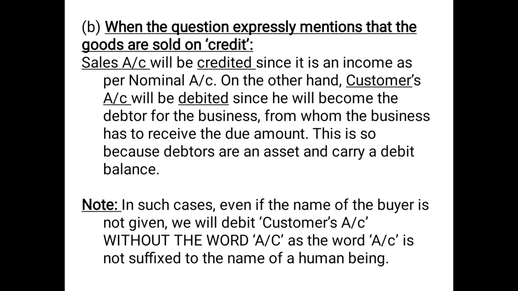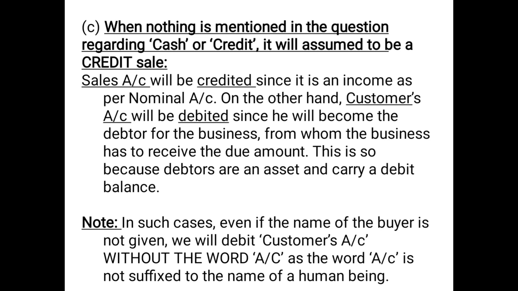So just like we have discussed in case of purchases, even if the name of customer is not given. For example, if the question says sold goods rupees 5,000, that's it, on credit, let's say. You are not informed who the customer is. So rather than writing the name, because we do not know the name, we'll debit customer's account.